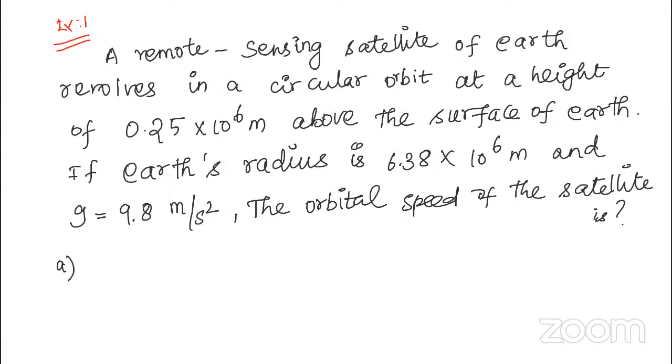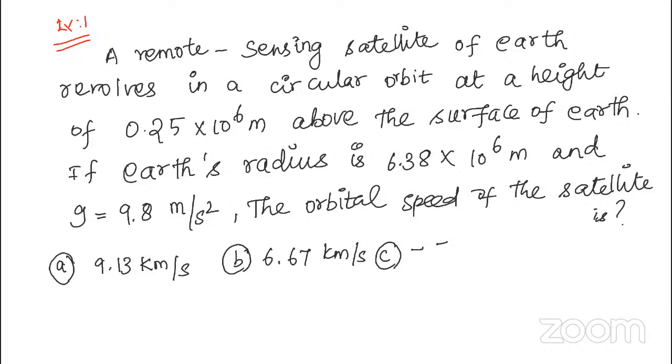Now the options are: A 9.13 kilometer by second, B 6.67 kilometer by second, C 7.76 kilometer by second, and D 8.56 kilometer by second.